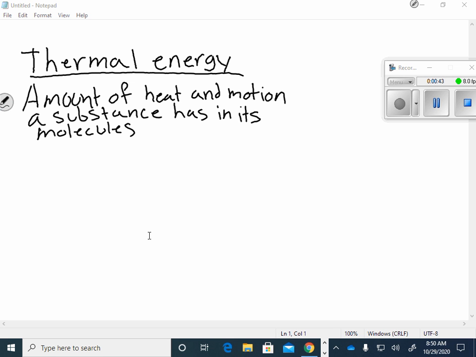Okay, so the amount of heat and motion a substance has in its molecules.